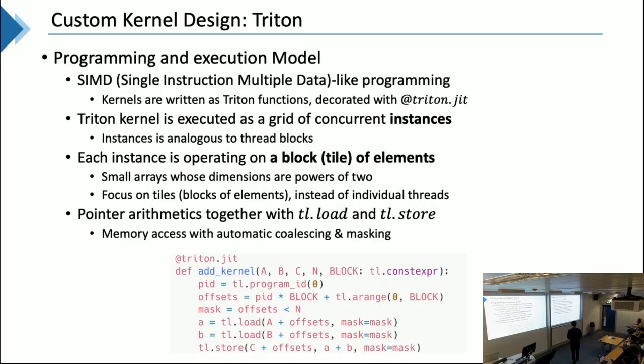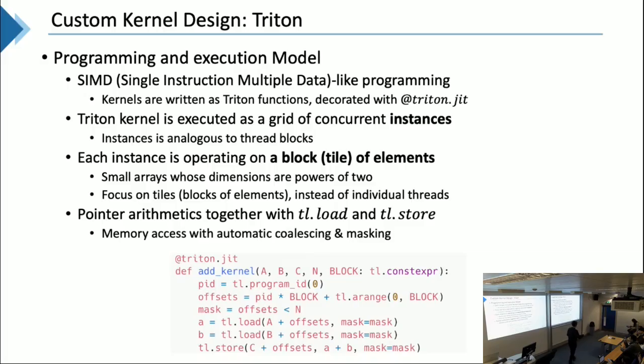In this Triton kernel, although they don't expose the use of thread index and thread block index, the idea is still very similar. In Triton, instead of controlling threads and thread blocks, they actually try to control multiple program instances. And this program instance is actually an analogy to the thread block.